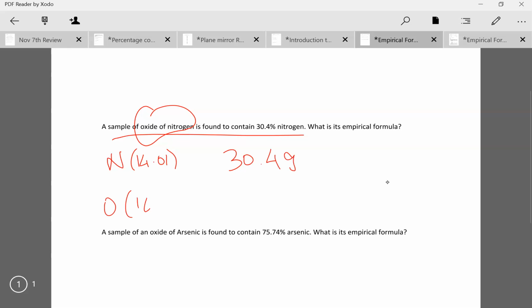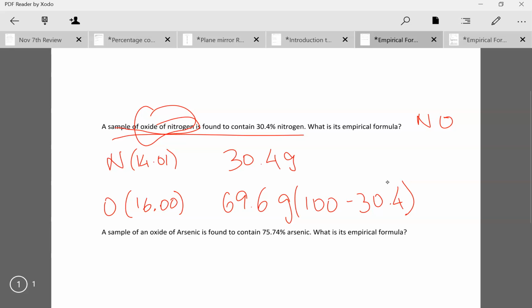For oxygen, we're not explicitly given a percentage or mass, but we know that it's an oxide of nitrogen. That means the compound has only two elements, nitrogen and oxygen. So if nitrogen is 30.4%, you can calculate oxygen to be 100 minus that value, which is 69.6 grams.